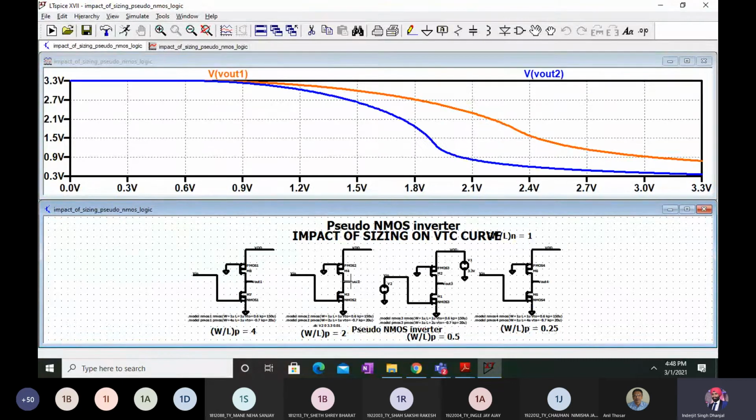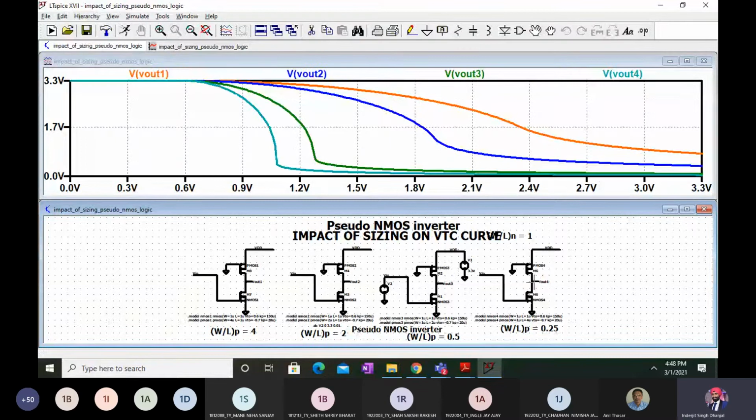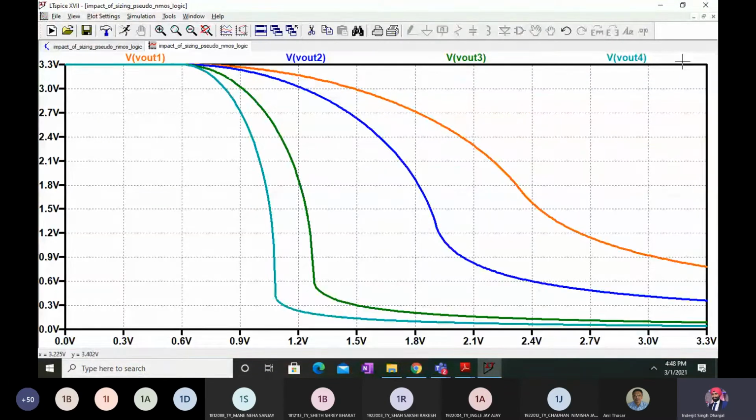The red one is for the strongest pull-up, and this last cyan one is my stronger pull-down, as you can see very carefully. So for the red color curve, where the stronger pull-up network is there, the VOL has a non-zero value, as you can see, 0.779.